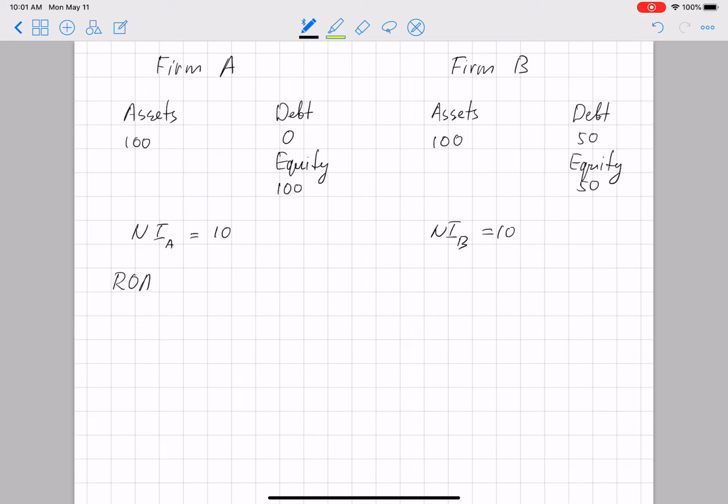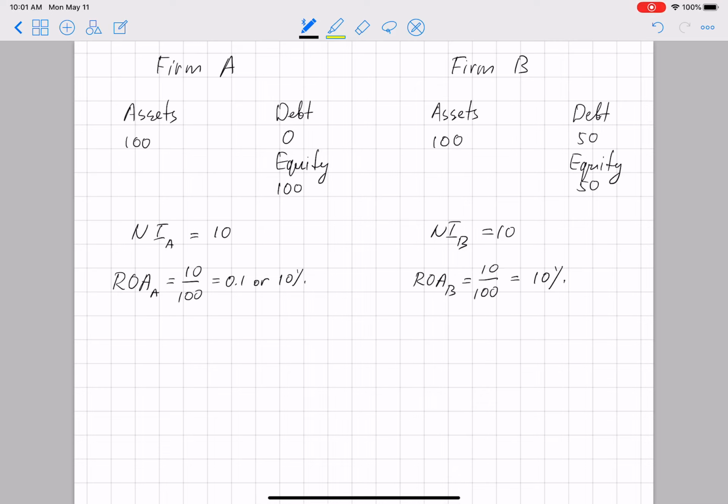Return on assets A is equal to 10 divided by 100. So that gives me 0.1 or 10%. And ROA B is exactly the same, 10 divided by 100 equal to 10%. So far they are identical, which makes sense.